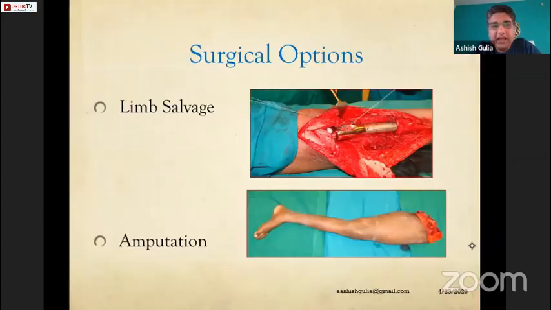When we talk about surgery, the essential decision is based upon whether we can save somebody's limb or not. There are specific indications for limb salvage, but if we cannot do that, then ultimately we need to remove the disease and may require amputation in some circumstances, which in today's era is about 10 to 15% of patients.